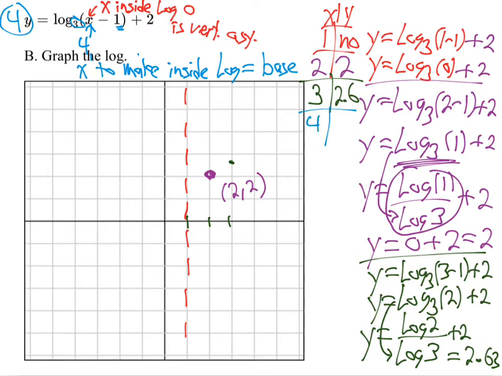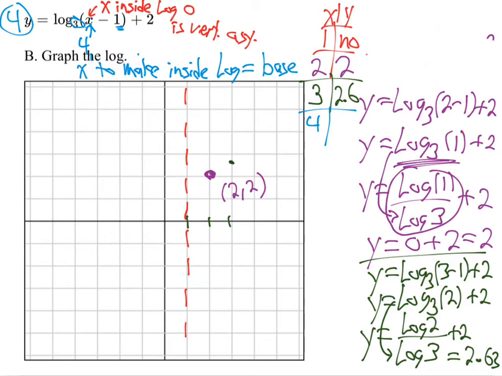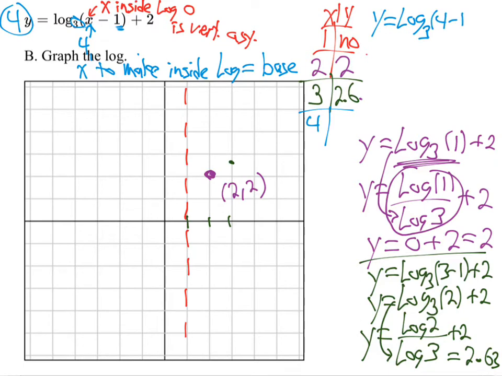So let's plug in 4. I'll come up here real quick. Maybe erase some of this. I'll plug in 4. So we'll get y equals log base 3 of 4 minus 1 plus 2. Log base 3 of 3 plus 2. And remember what we do with these logs?